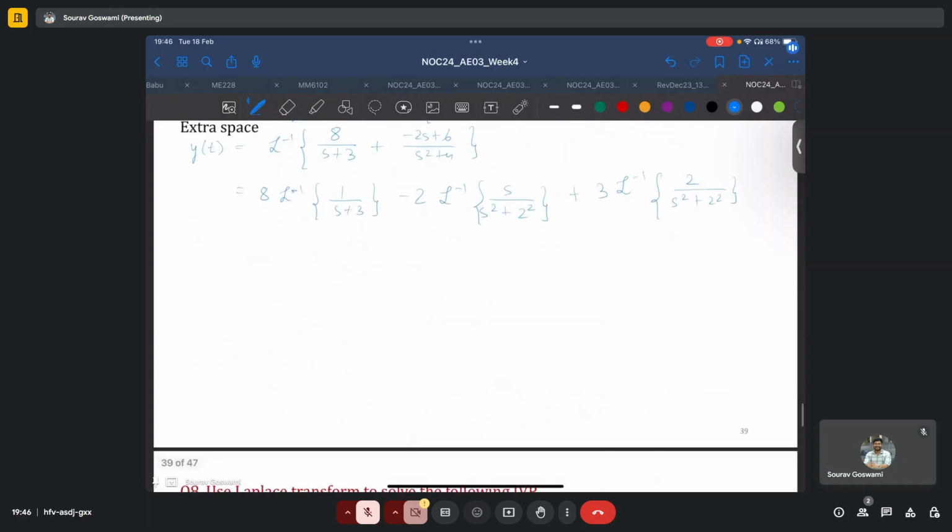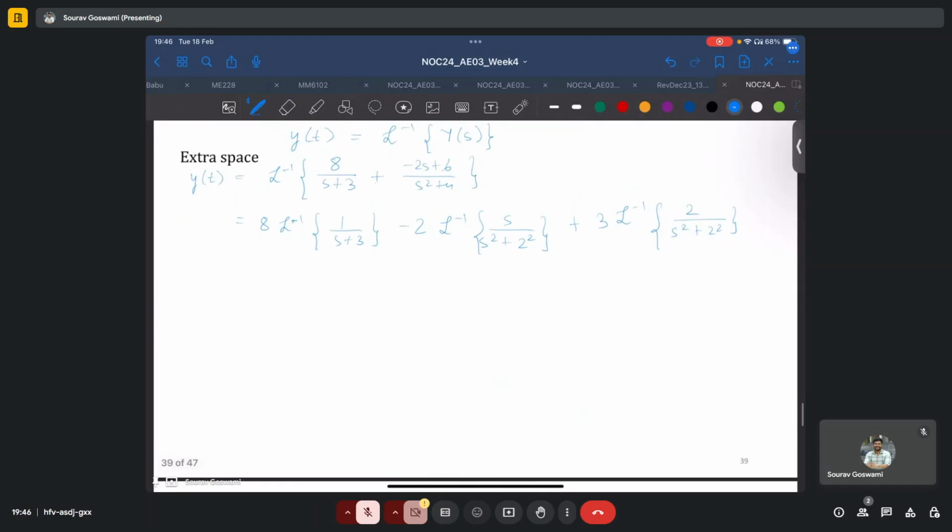And now since we are familiar with the formula, we can directly write these inverse transforms.